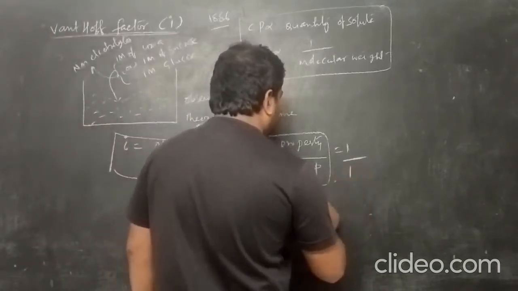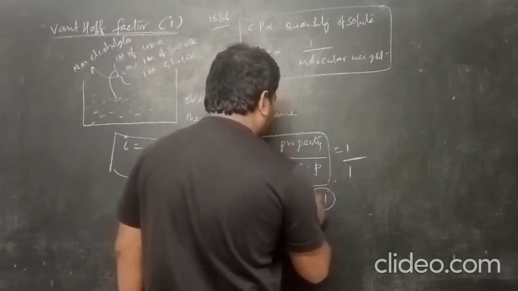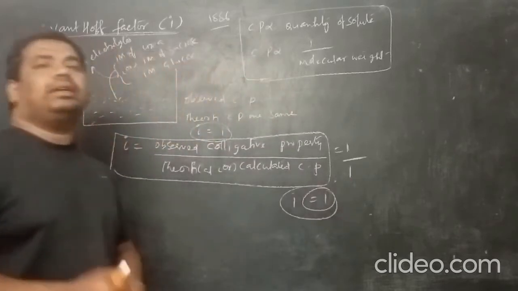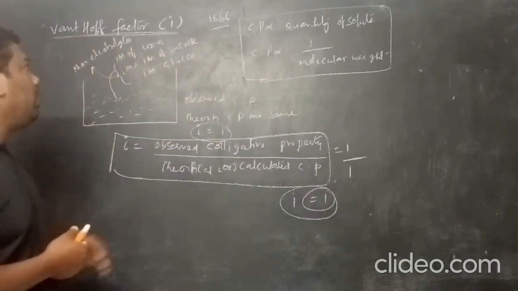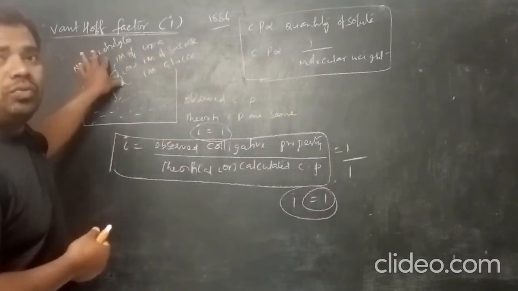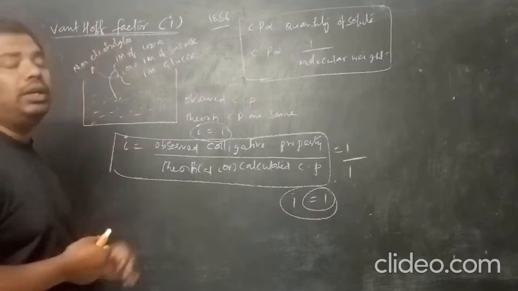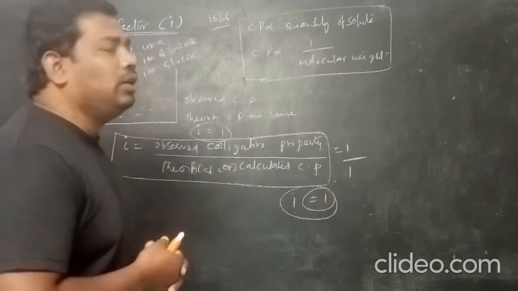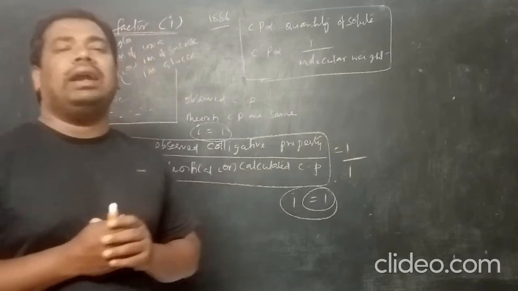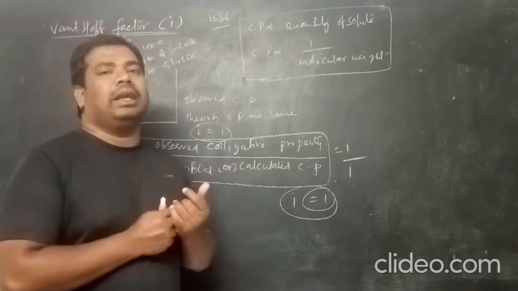Therefore the Van 't Hoff factor i is equal to 1 for non-electrolyte non-volatile solutes like urea, sucrose and glucose. So here the Van 't Hoff factor cannot be changed.